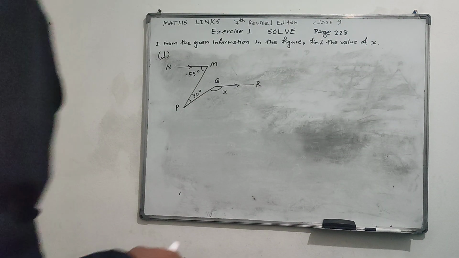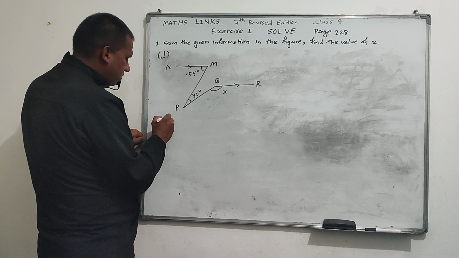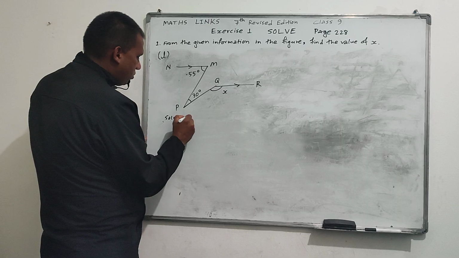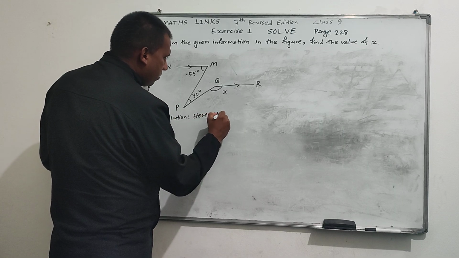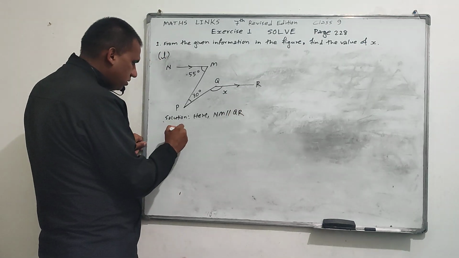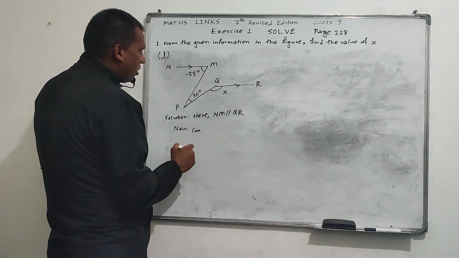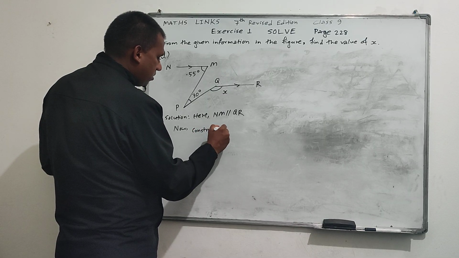Now, 1L. In this figure, NM is parallel to QR. Now we have to find the value of x. Now construction.